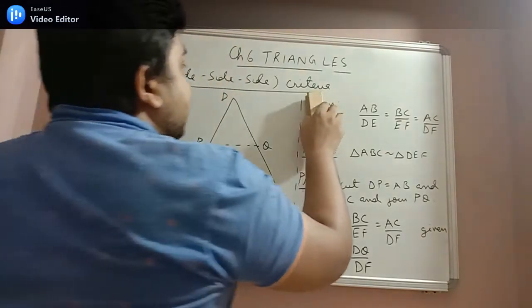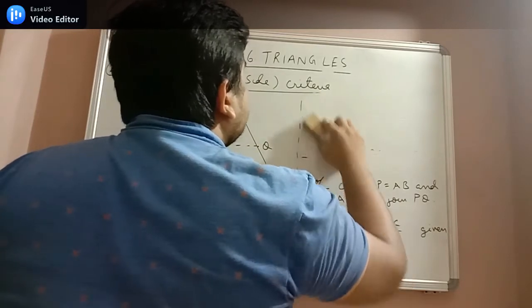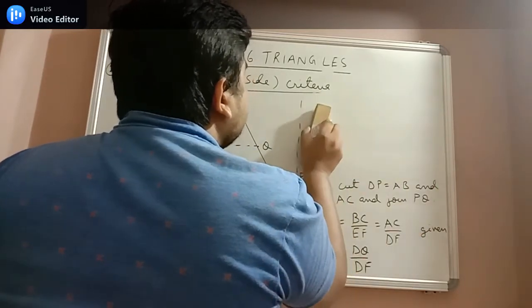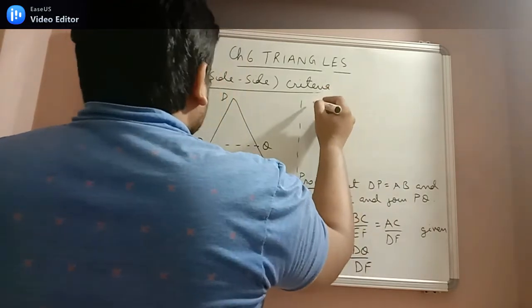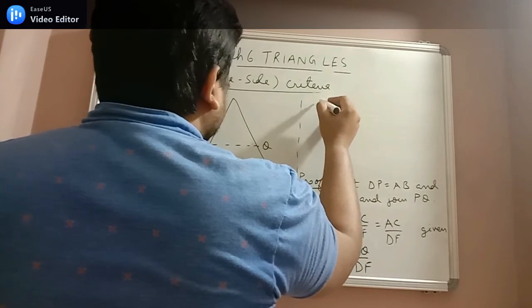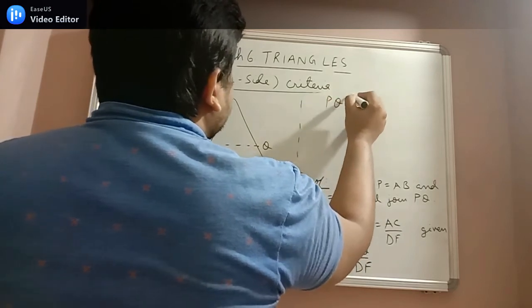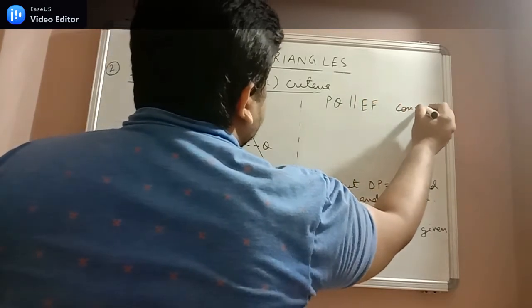So one can say that PQ is parallel to EF by converse of BPT.